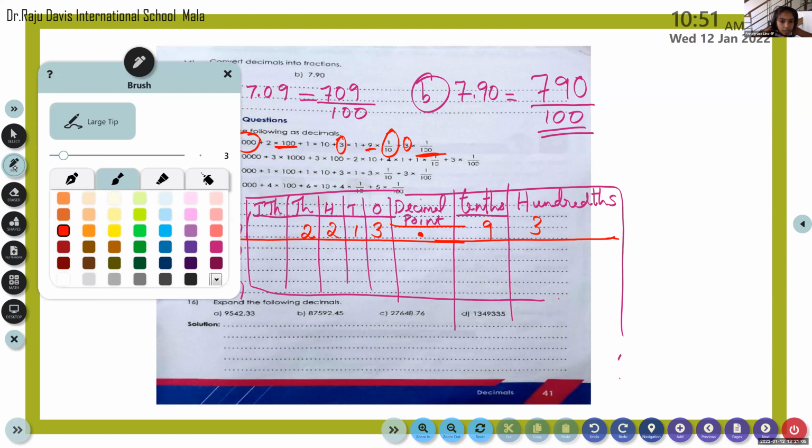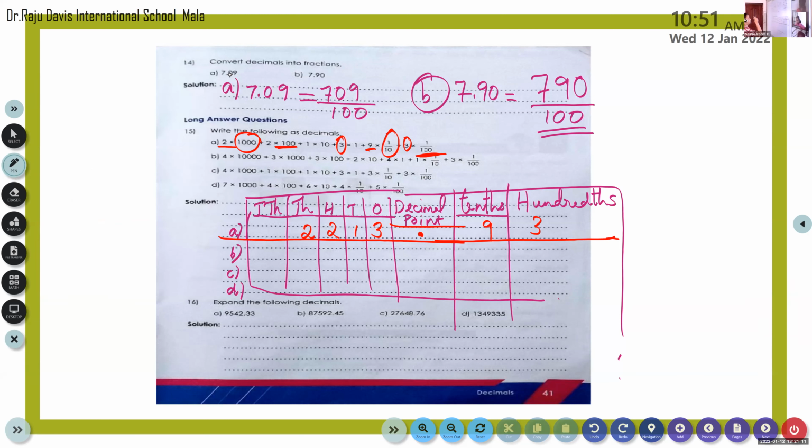Count, my dear. Count the number of zeros and tell me. 40,000. 4 into 10,000. So where will we place 4? In the 10,000's column.